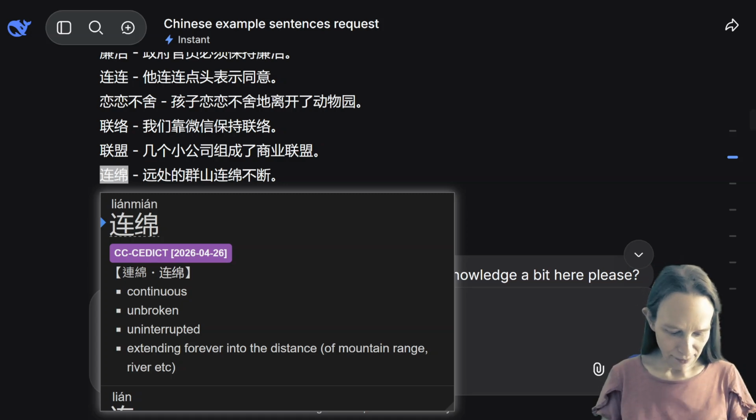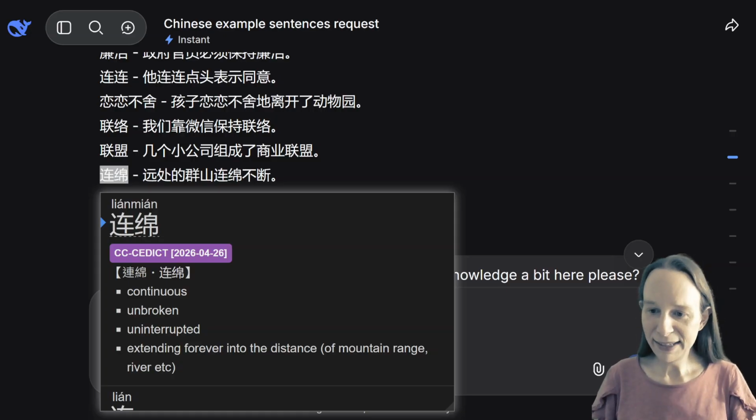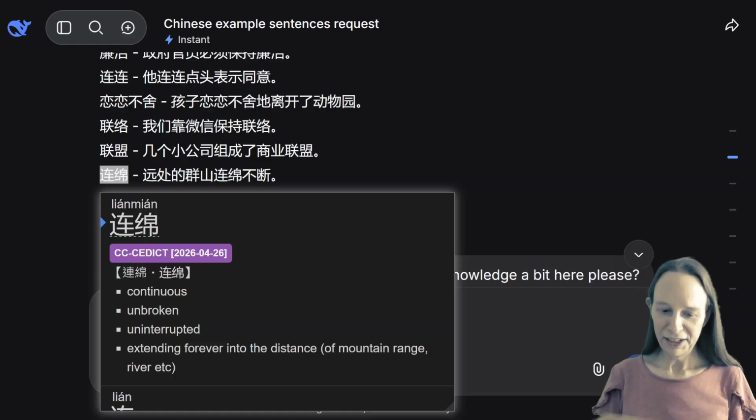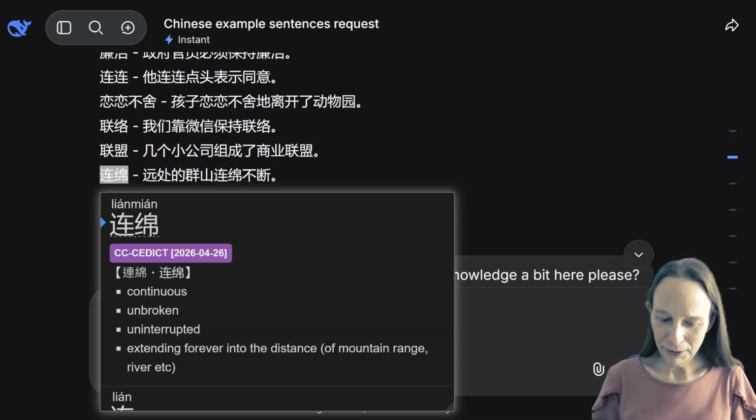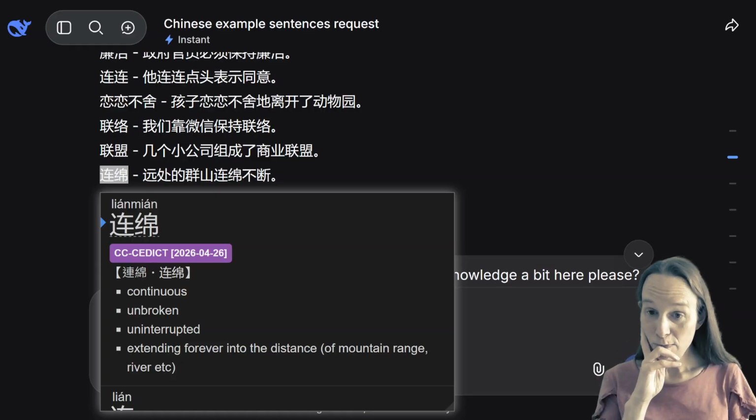Yeah, I'll have to look it up. All right, give me a second. Yeah, geographically continuous sounds like a good definition to me. 山脉、河流、雨雪等事物接连不间断. Yeah, it sounds geographically continuous.